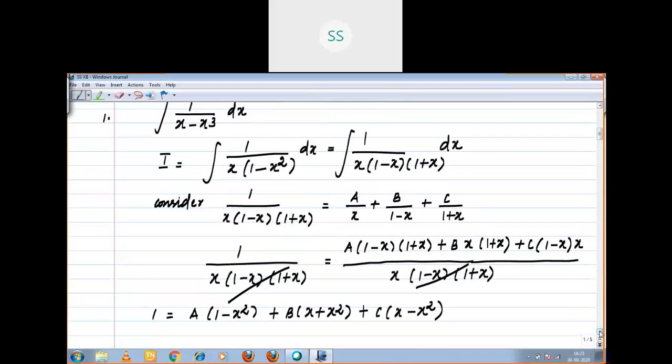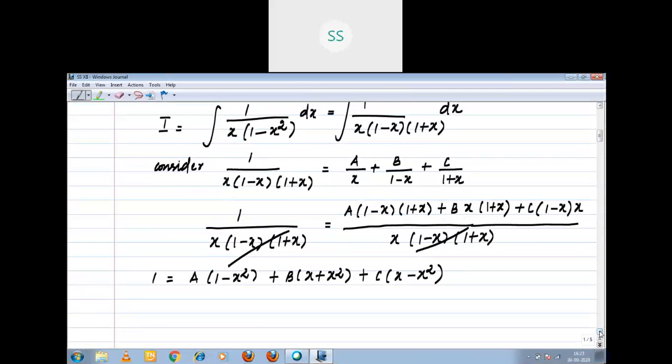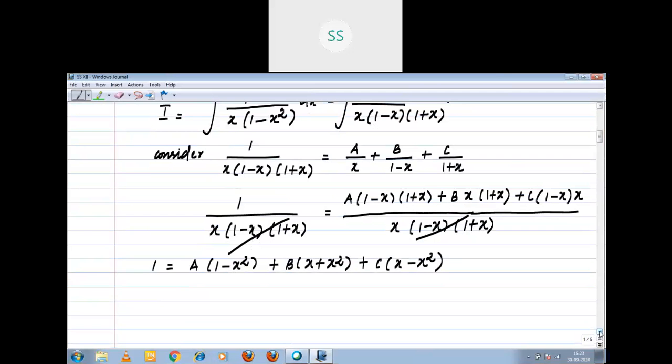Right? Now I am going to equate the coefficients of x square, x and the constant terms on both the sides. You have to listen carefully, children.